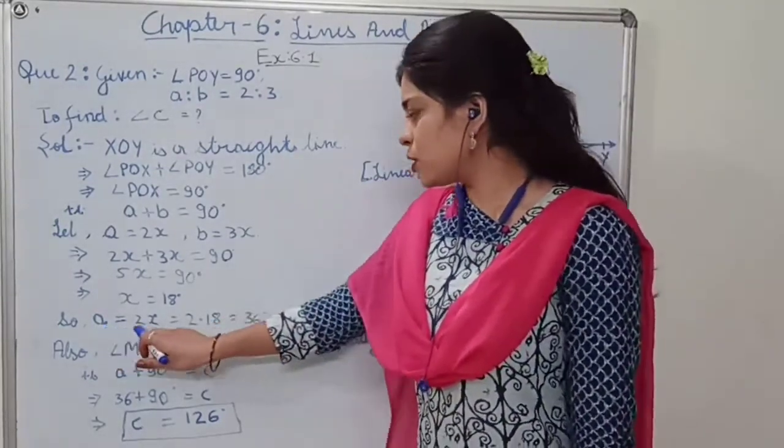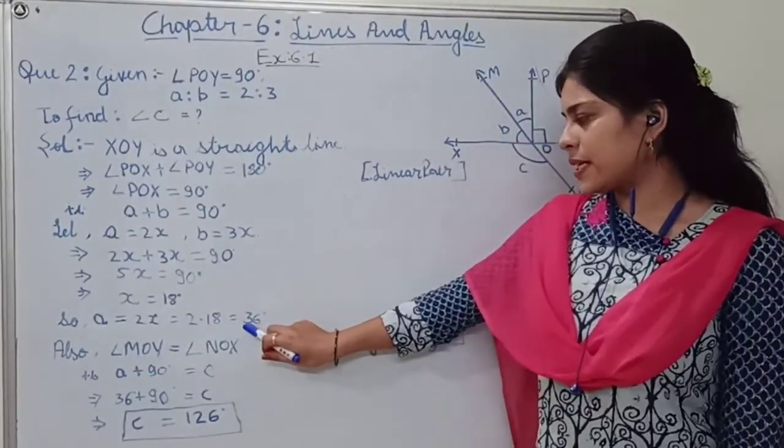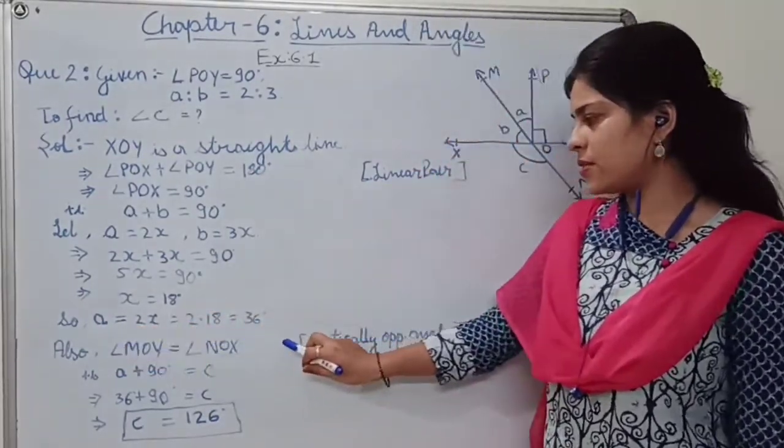See, A is 2x, so 2 into 18 is 36 degrees. The measure of angle A is 36 degrees.